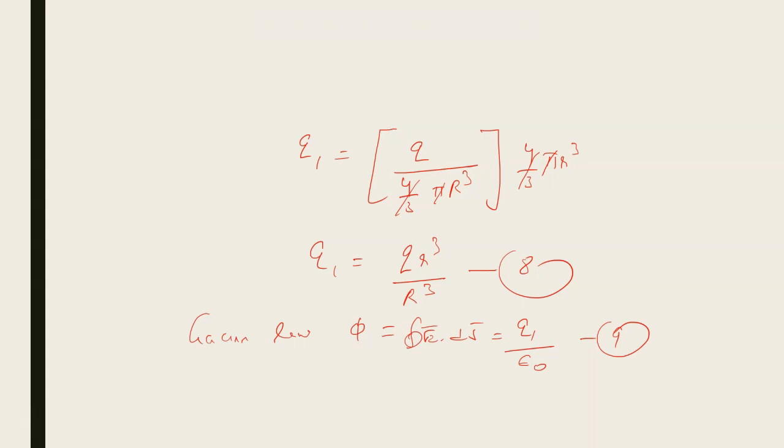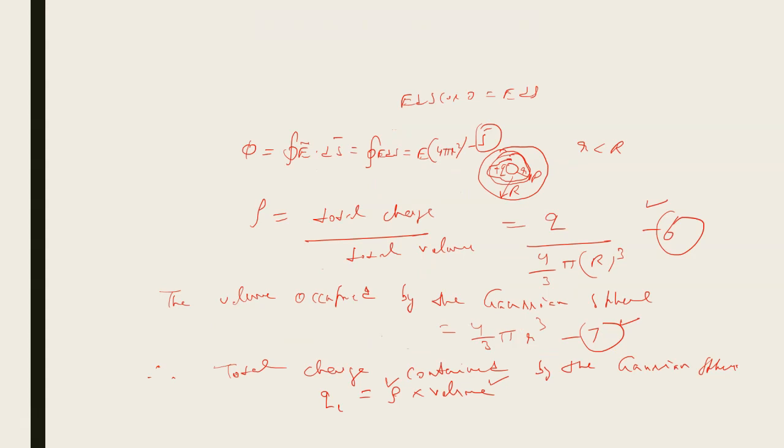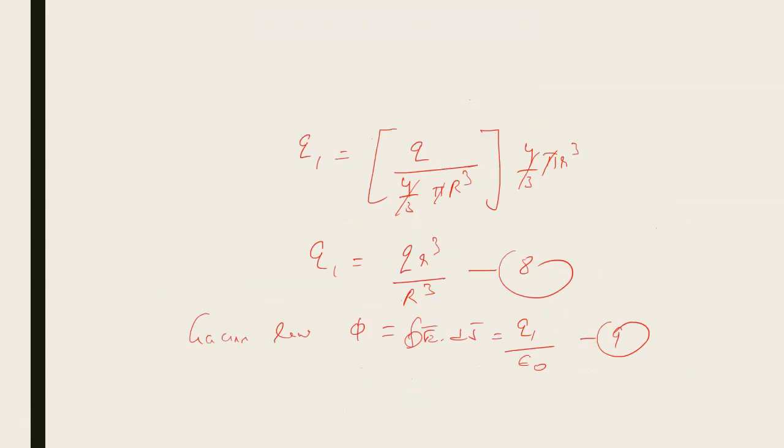What was equation number 5? E times 4 pi r squared. Equation number 9 is Q1 by epsilon naught. So it will be E 4 pi r squared equals Q1 by epsilon naught.